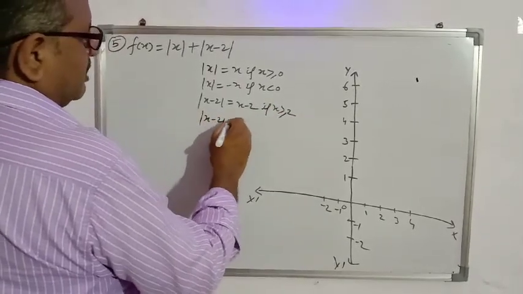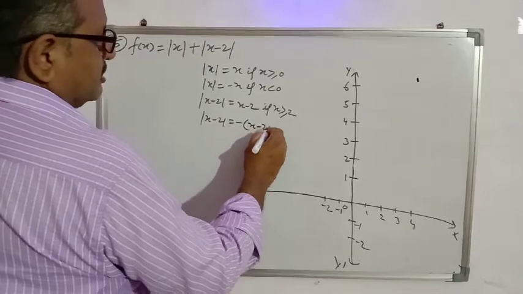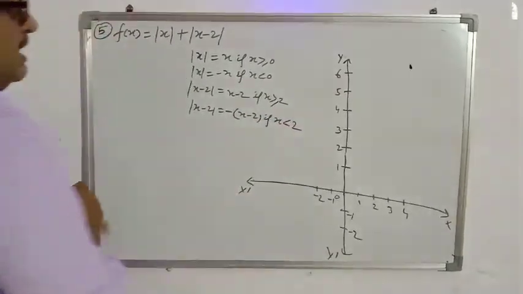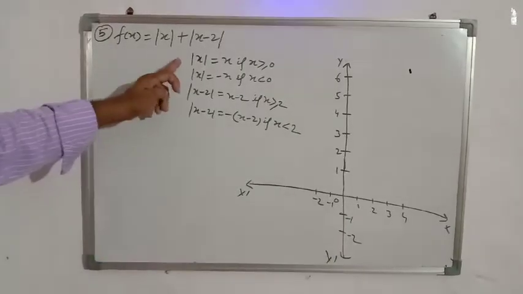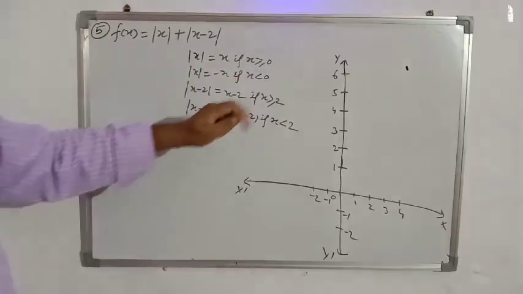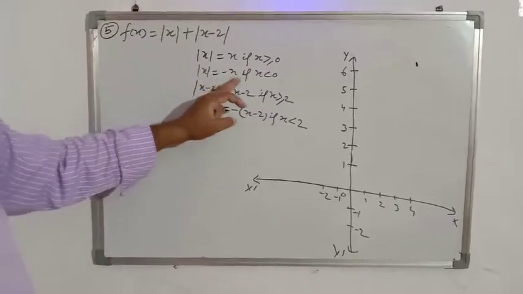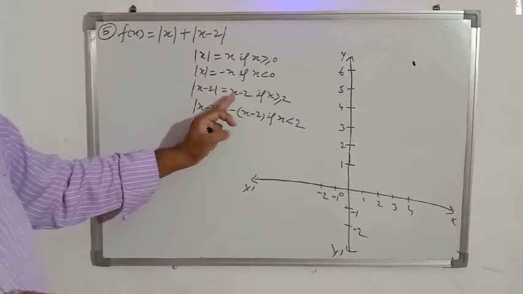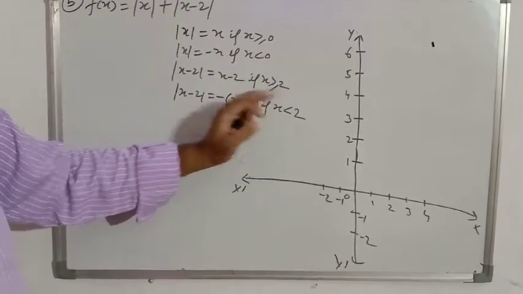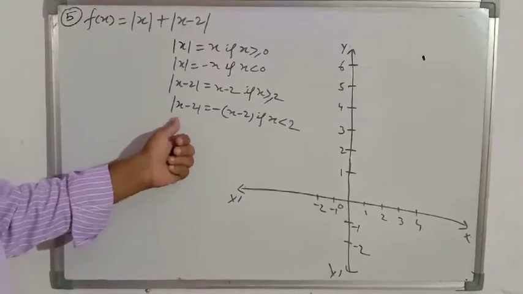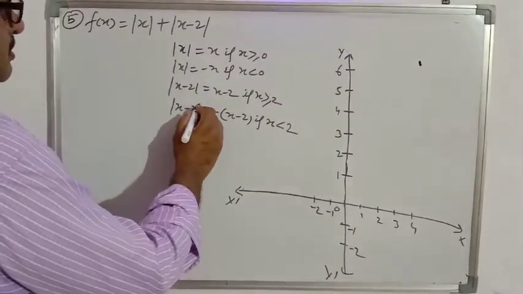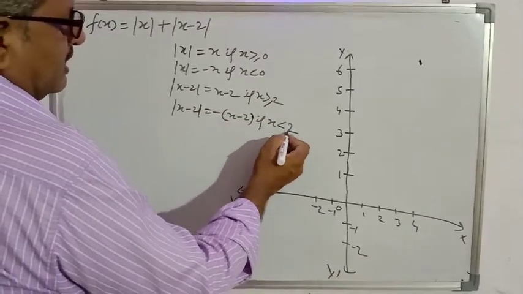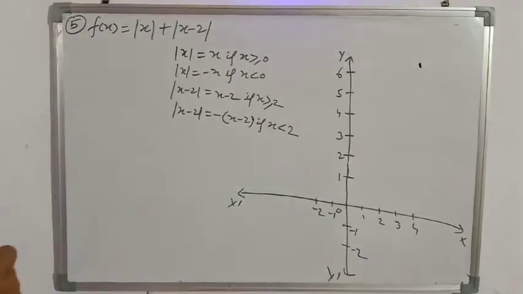And mod of x minus 2 will be minus x minus 2 if x is less than 2.